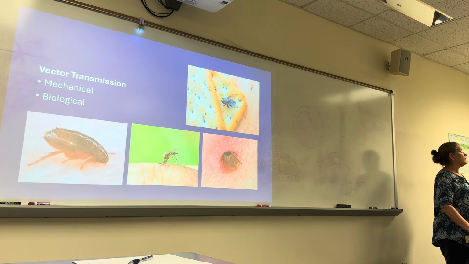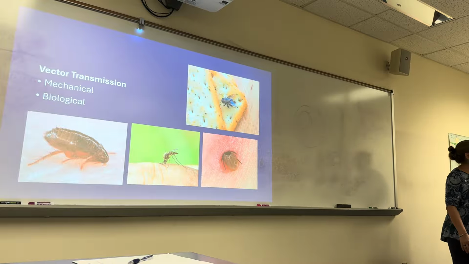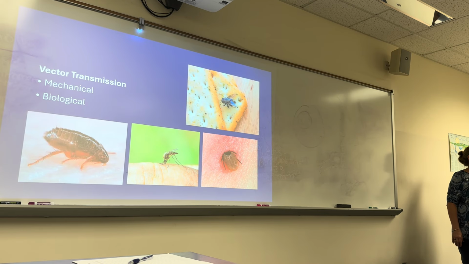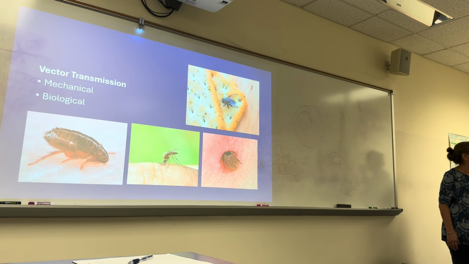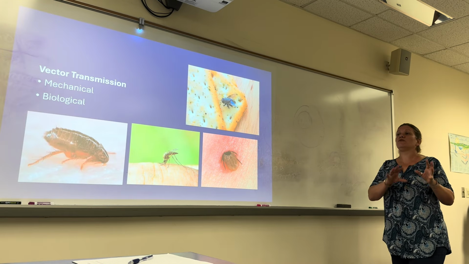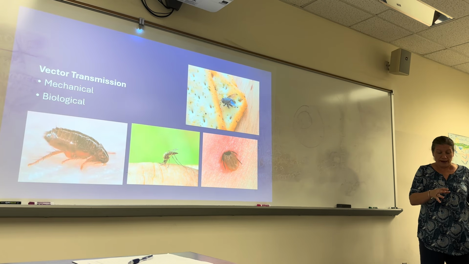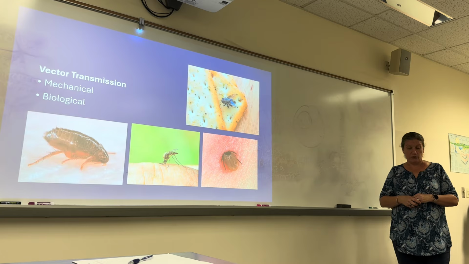All right. And then the third of the different transmissions would be the vector transmission. When we look at the vector transmission here, something else is moving the pathogen from one place to another.